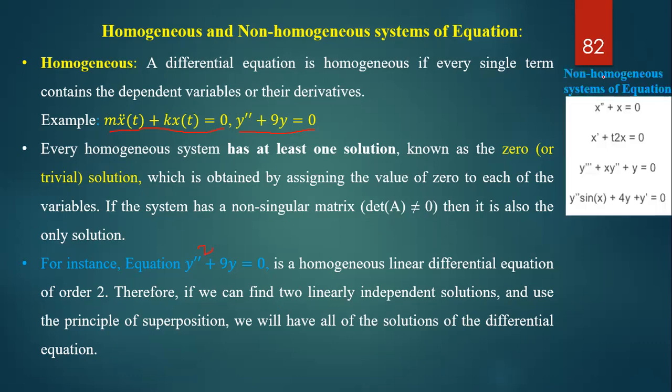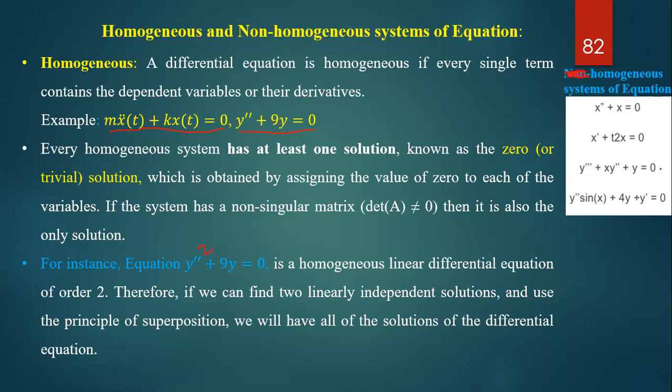Okay, so for a non-homogeneous system, for example, x prime prime plus x is equal to 0. This is actually homogeneous, not non-homogeneous. What we are talking about here is homogeneous. Then x double prime plus x is equal to 0. These are constants actually. y prime prime plus x prime prime plus y is equal to 0.